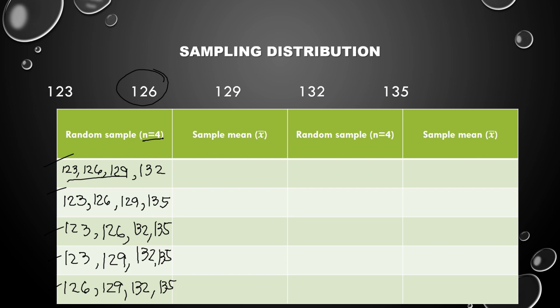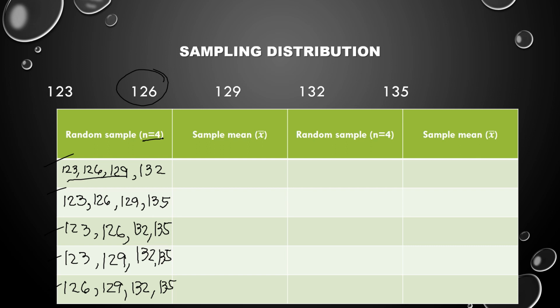Next up, after we determine our possible combinations of the sample, we go for finding the sample mean. In finding the sample mean, we simply add the entire combination and divide it by how many numbers are in the combination. We've got 4 here.